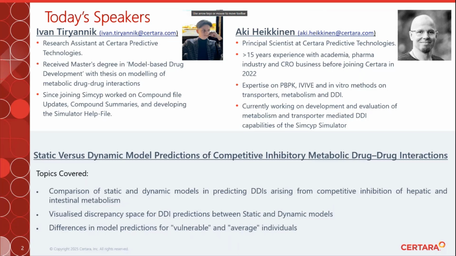This paper looked at several areas, and they will cover these in the presentation, but particularly the comparison of these static and dynamic models, looking at competitive inhibition in both hepatic and intestinal metabolism, some critical analysis looking visually at the space of DDI predictions between static and dynamic models, and also raising the important consideration of vulnerable versus average individuals.